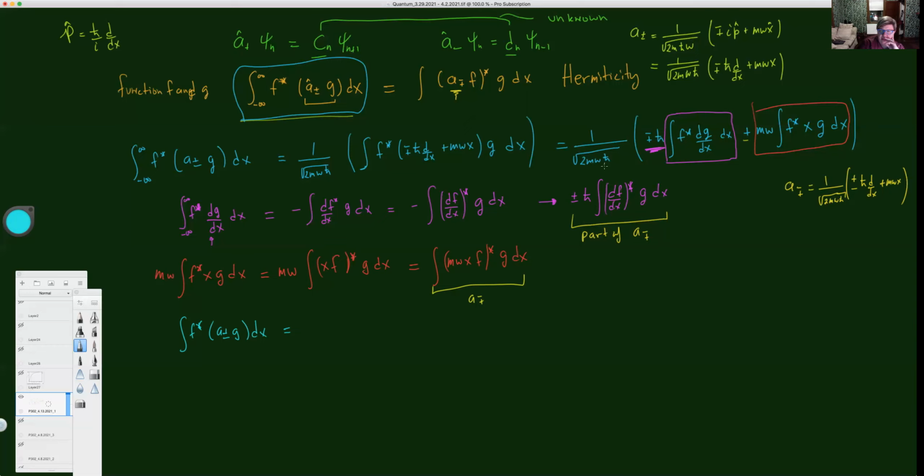Stick it all together with the constants, and you're going to get the integral of a minus plus f star g dx from minus infinity to infinity on both integrals. I'm sticking everything back. So QED, which means we've proven this to be true.